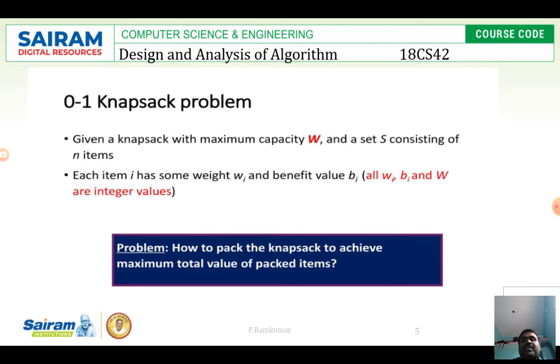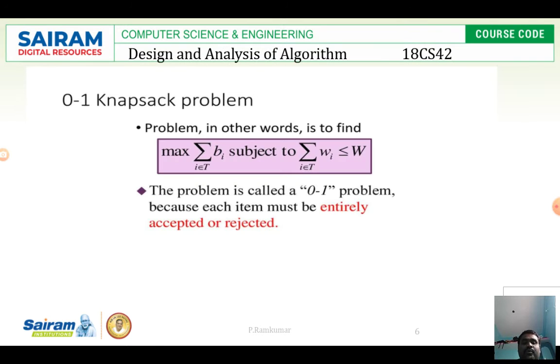So now, given a knapsack with maximum capacity W and a set S containing n items. Each item has some weight as well as profit. Profit or benefit. Profit, capital P, will be denoted, and B represents the benefit value.